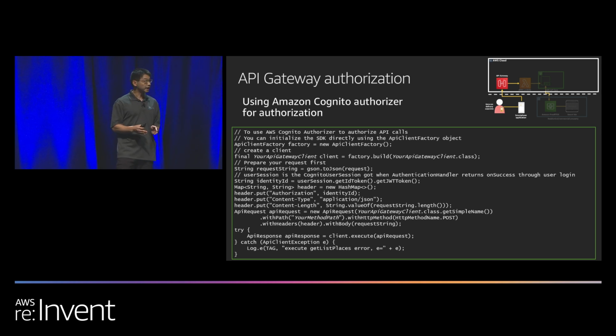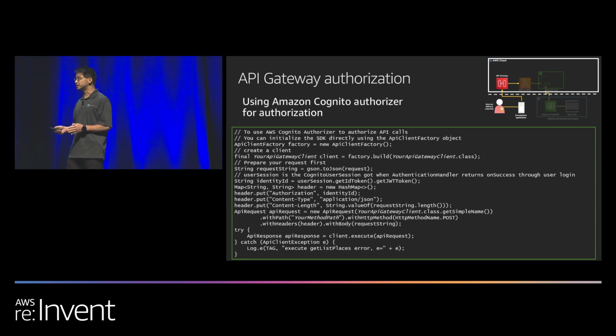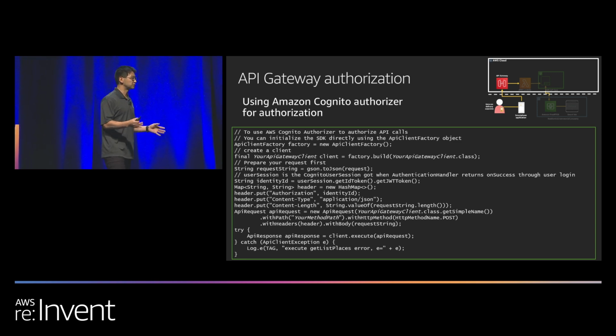Once we get this identity ID, we put this into the HTTP header with this authorized key. This is exactly the key we provided previously to the API Gateway as a token source. So with that, we can construct this HTTP request and then trigger our API method.